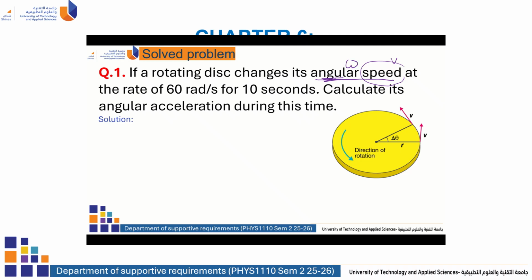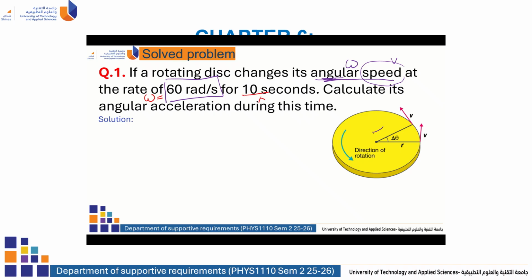Here they are saying, if a rotating disk changes its angular position at the rate of 60 degrees per second for 10 seconds, so this is the angular speed of the disk. This is the value of omega. The angular velocity and angular speed have the same meaning.